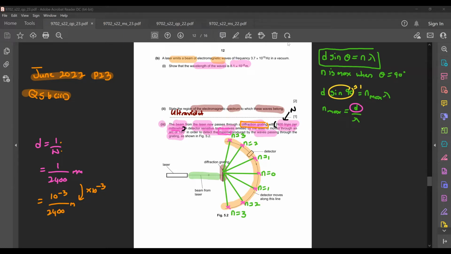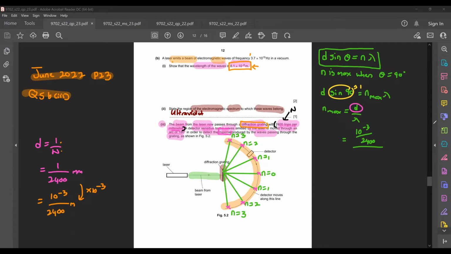So now you sub in the values, you will get this 10 power minus 3 over 2,400 divided by lambda. Lambda is already given in the previous part of the question. They already told you that the laser had this frequency, but then after that, they subsequently asked you to show that the wavelength was this value.